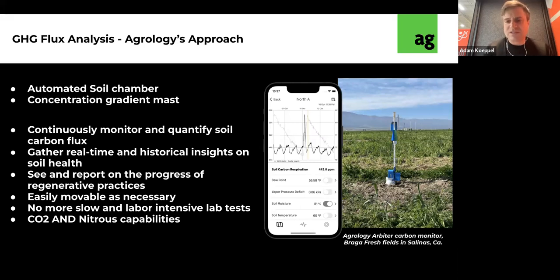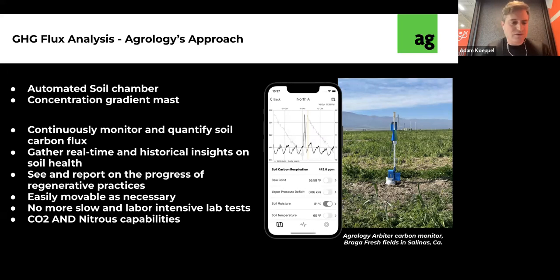The device itself is small and easily mobile and can be installed or uninstalled within a minute, which is really important for two things. One, it allows the device to be moved around an agricultural operation between different blocks or different fields or even different rows, just to capture more data so you can be more confident you're getting representative data. And additionally, it lets you remove a device if agricultural practices and cultivation practices could interfere.